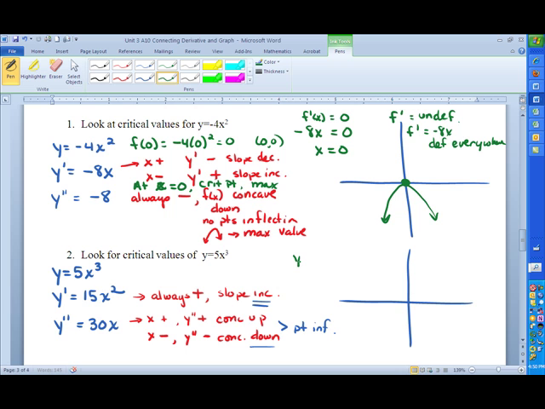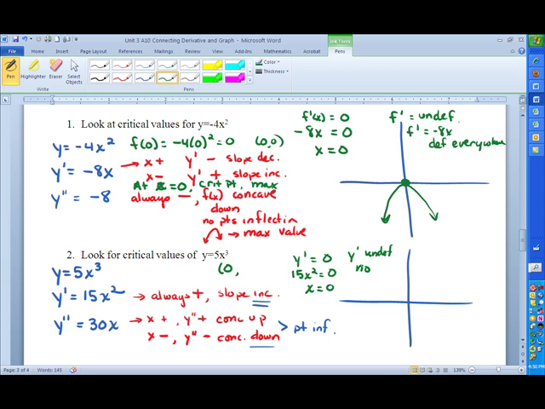So let's do the same thing down here. First, let's ask where the first derivative equals 0. So we have 15x squared equals 0. Solve for x, and we get x is 0. So again, we have one critical point at 0. Let's ask if it's undefined at all. And the answer is no, because we can plug an x in everywhere.